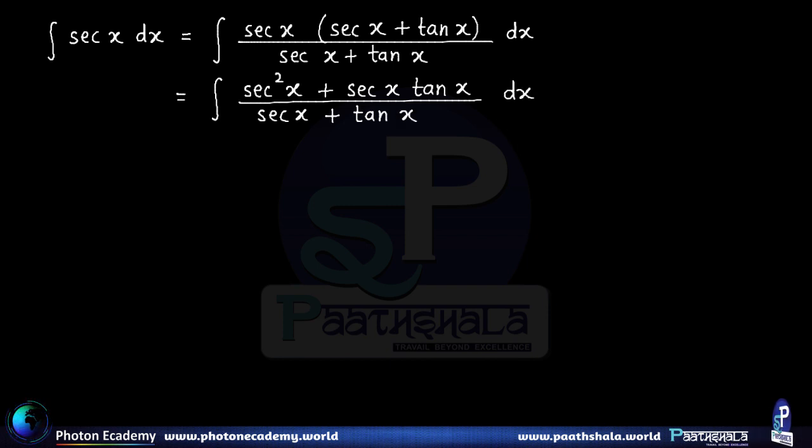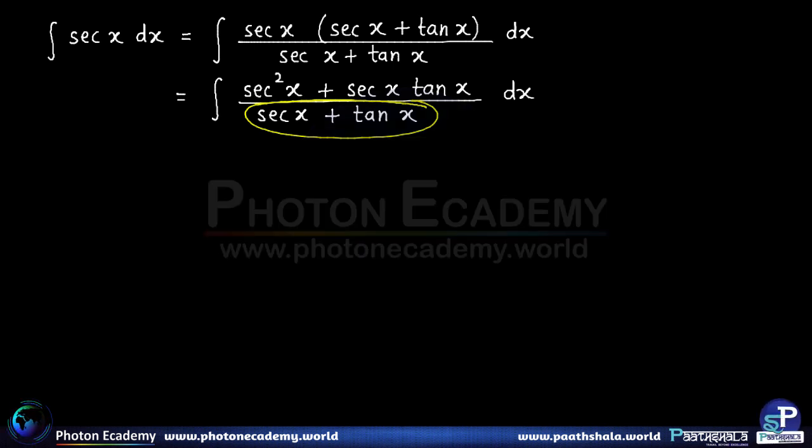Now suppose we call this denominator some function, say t. You will observe that the numerator is nothing but the derivative of this denominator, because the derivative of sec x is sec x tan x and the derivative of tan x is sec square x.